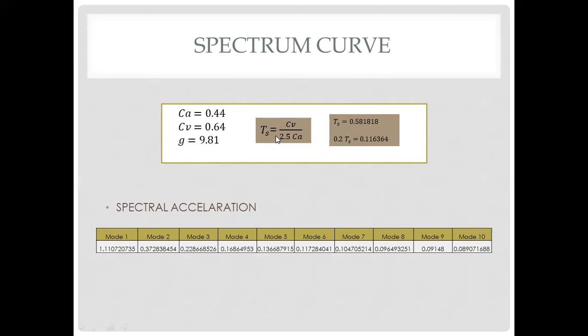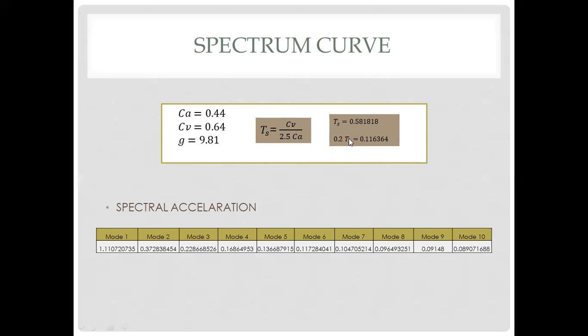So, TS is equals to CV over 2.5 CA. Then, sinolve natin yan, ito na siya, 0.581818. So, 0.2 TS is na 0.